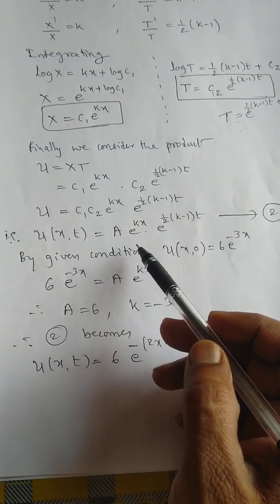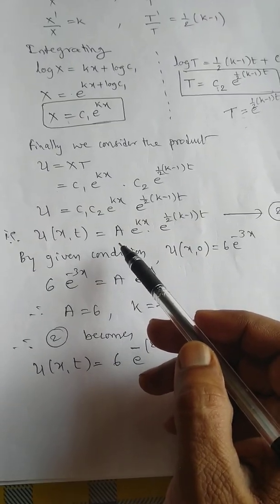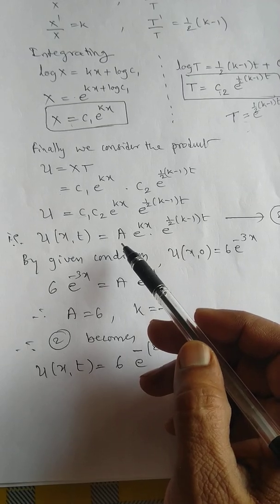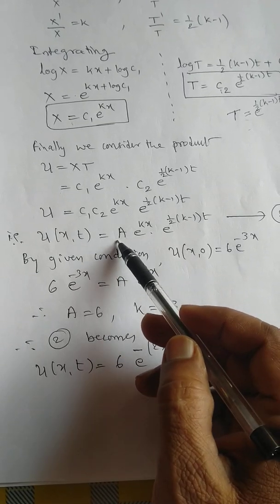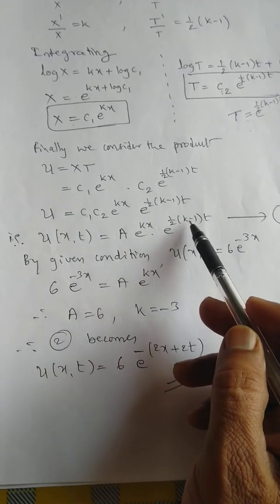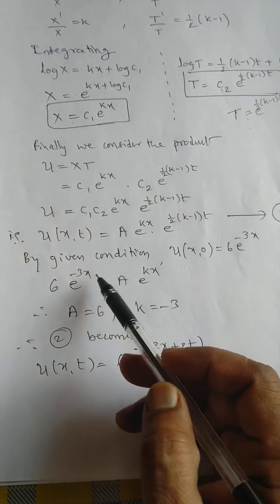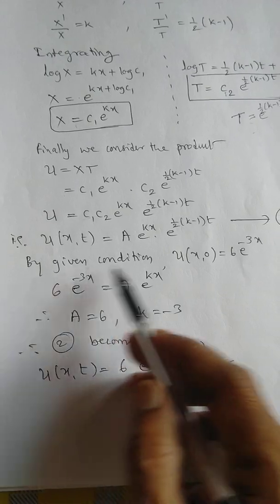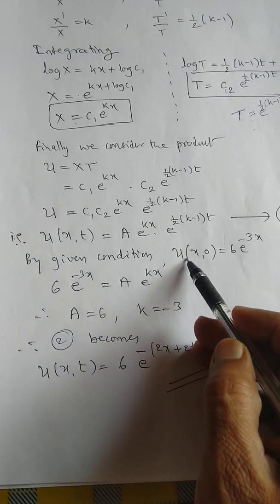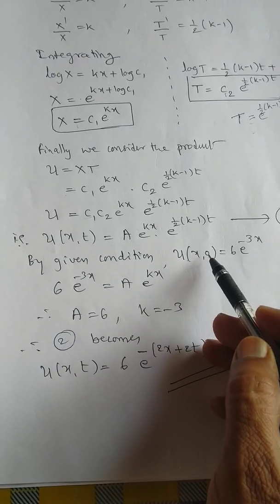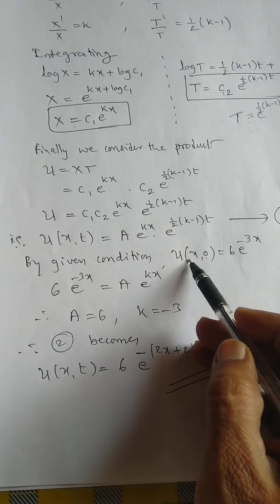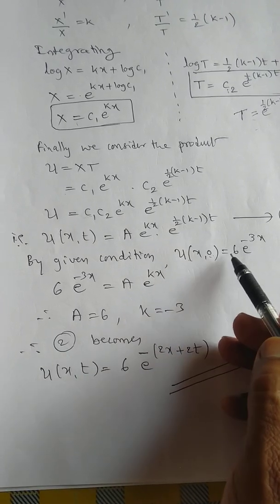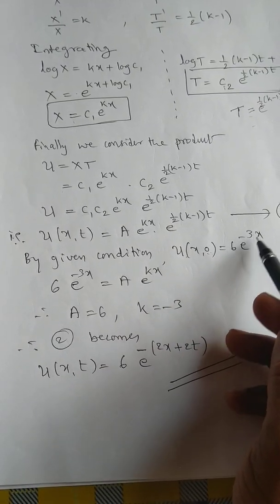And as we have some additional condition in the problem, the next job is to calculate the arbitrary constant and k value. By the additional condition, u(x,0), that means at time t equal to 0, is 6 e raised to minus 3x.